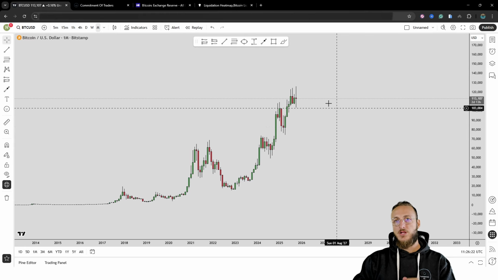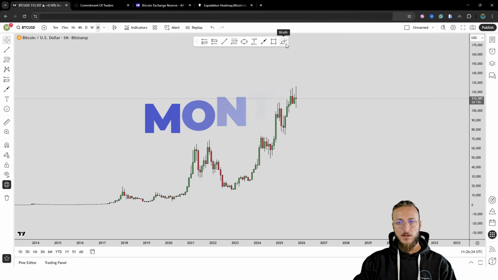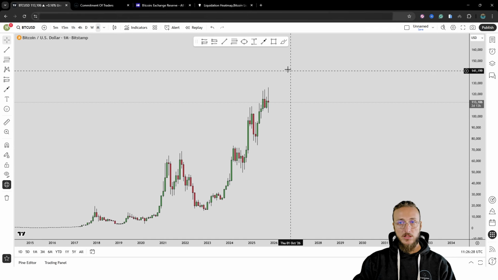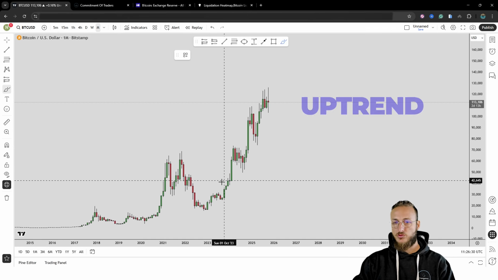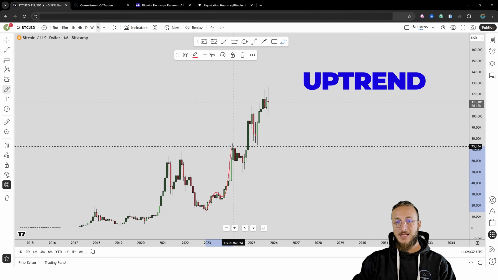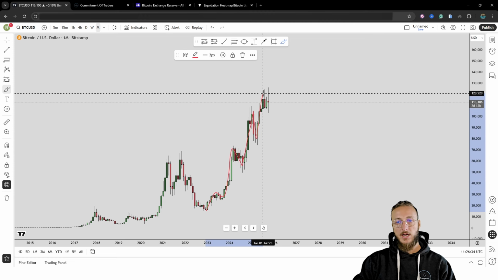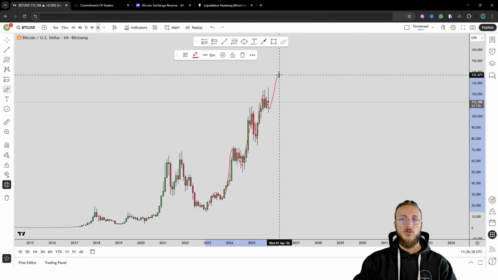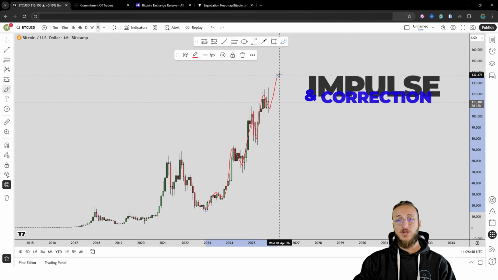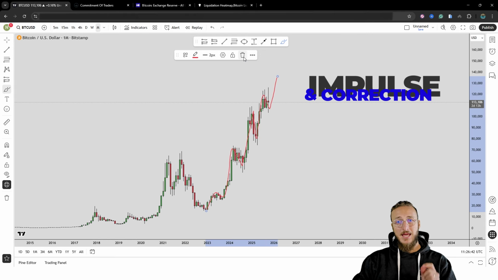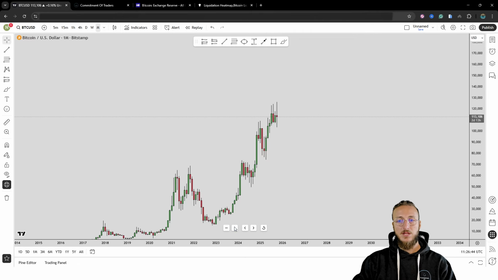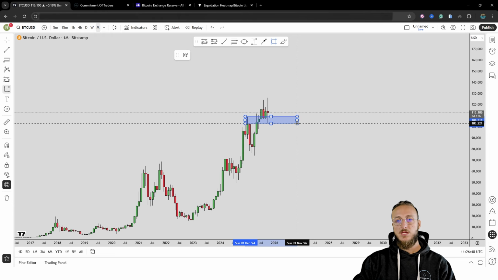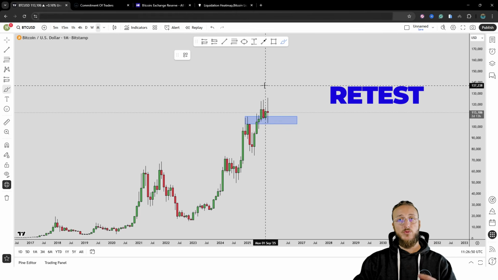Now, first of all, let's start from the monthly time frame from a technical standpoint. Well, what we can notice is that clearly we still are in an uptrend. The market has been creating a series of monthly higher highs and higher lows. The market so far has been following through with every impulse correction and impulse pattern to the upside. And at the moment, we have the possibility of creating yet another one of these patterns, because what we're seeing here is the retest of the previous high.